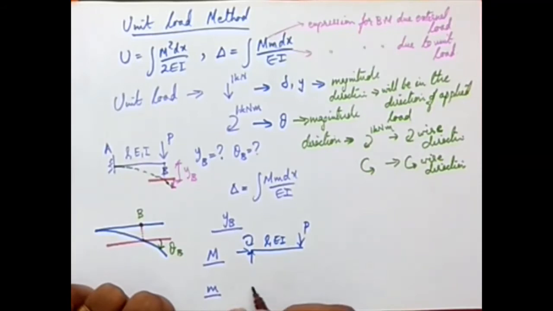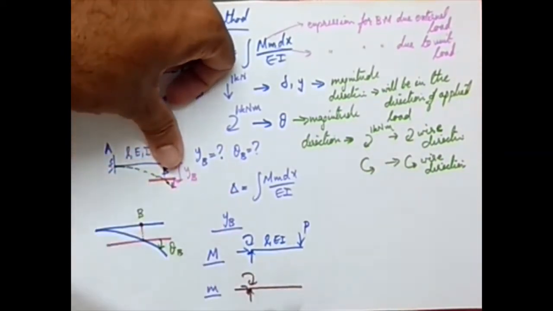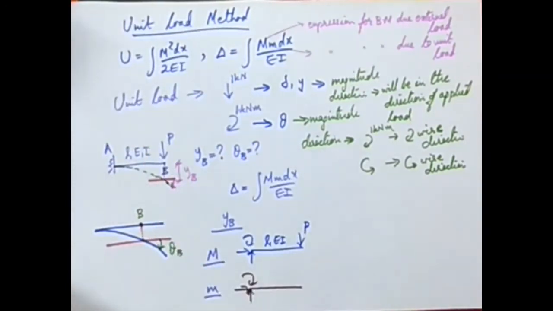Here I'm plotting the beam given in the problem without any load. I just use the beam without the external load. So I have a cantilever beam, and the reactions are going to be like this. Now I want to apply the unit load. The unit load needs to be applied at the point where I need the displacement.